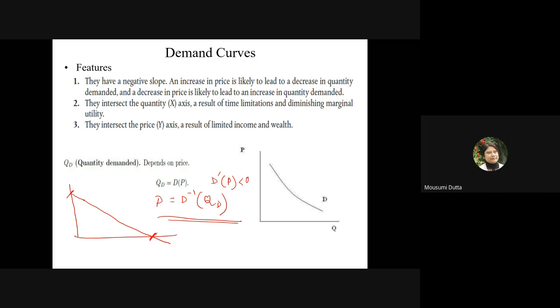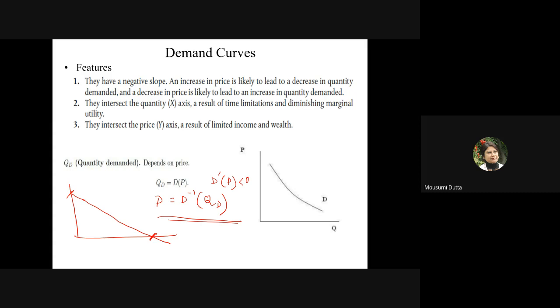So what he did, he considered price along the vertical axis and Q along the horizontal axis. Still now, we follow that pattern of presenting the demand curve. When we write the function, we rightly frame it as QD is a function of P. However, when we draw the curve, we measure P along the vertical axis and Q along the horizontal axis, following the Marshallian convention.